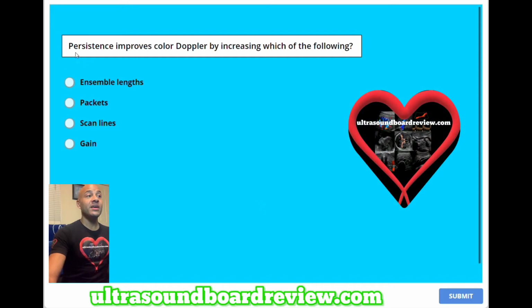Question 25. Persistence improves color Doppler by increasing which of the following? A. Ensemble lengths, B. Packets, C. Scan lines, or D. Gain? The answer is C. Scan lines.